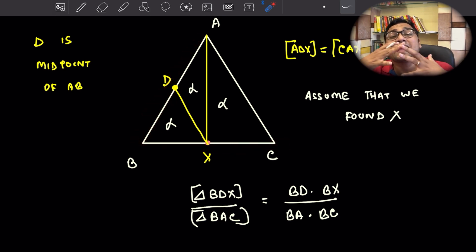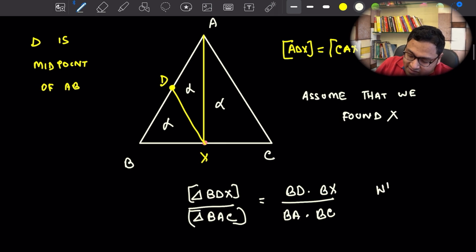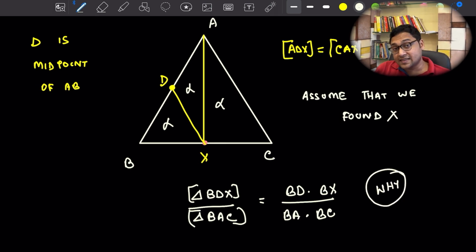This works for any pair of triangles with one angle in common. You just have to take the product of the two sides which have that angle in common and take the ratios of that. So can anyone tell me why this is true in the comment section? There is a little bit of trigonometry that can be used. It can be done without trigonometry as well.